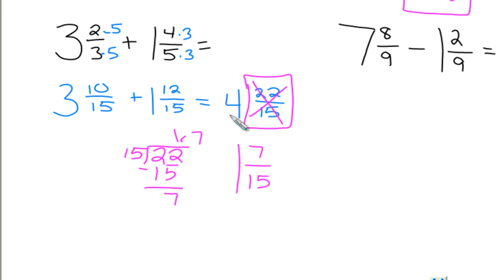Those are equivalent. But now we need to re-add these because I still have the 4 up here, but now I have 4 wholes and 1 wholes. So altogether we get 5 wholes and 7/15. Our last step is simplify.